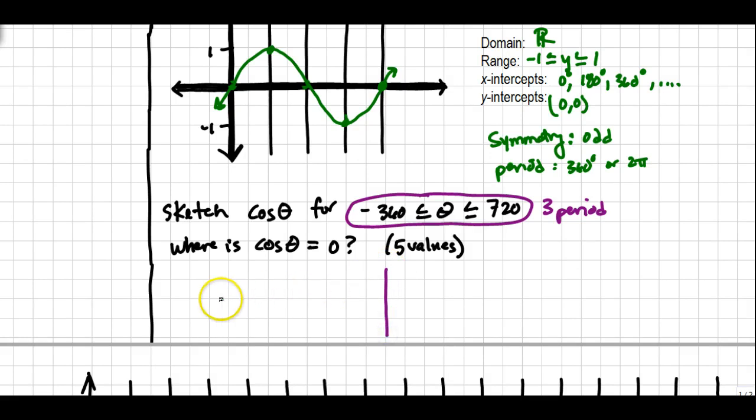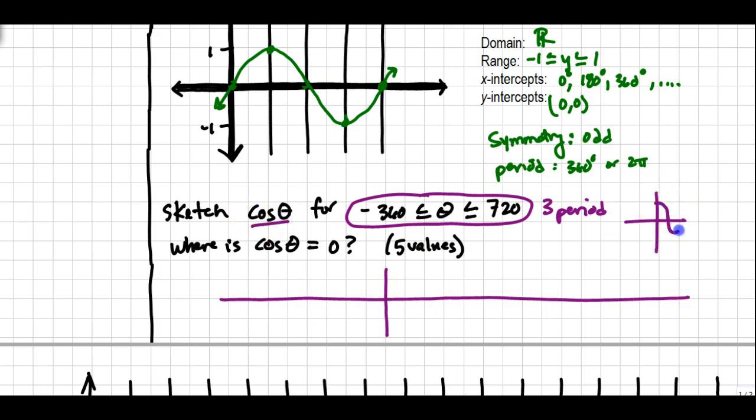So give yourself your x and your y axes. Know that we're going to need a big x-axis because we're going to do 3 periods. Remember that for cosine, it starts up high and dips down and comes back up. So we're going to need to do 3 of those right next to each other. So I'm going to make a cosine graph to start, trying to make it as symmetrical as I can.